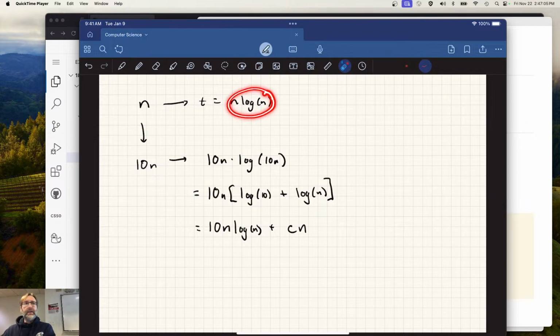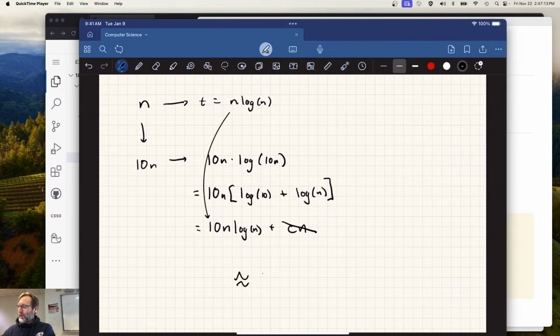Before we had n log n. If I just ignore this lower order term, right, then where are we at? It's only roughly about 10 times slower. Right? That's much more acceptable than 100 times slower. Okay? That's almost linear. That's quasi-linear.